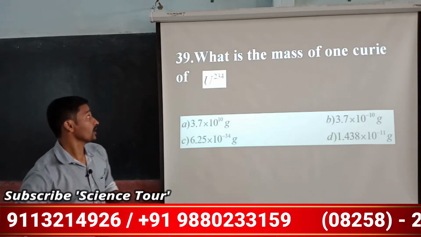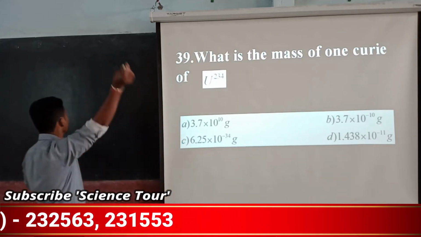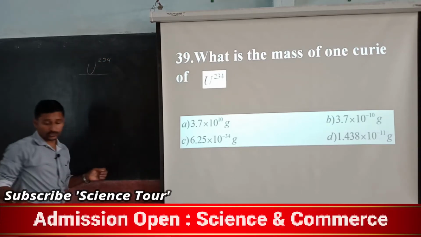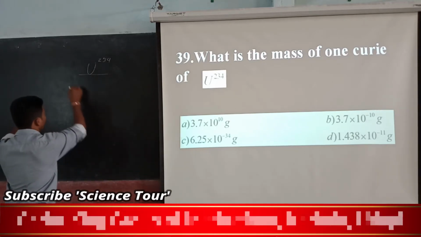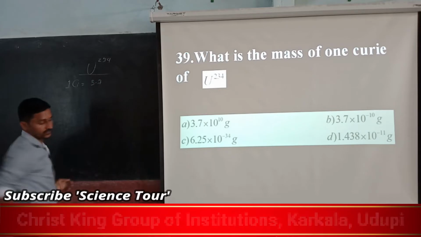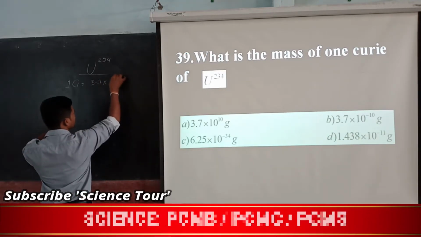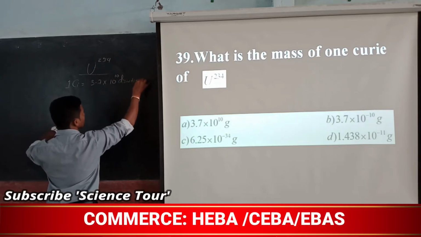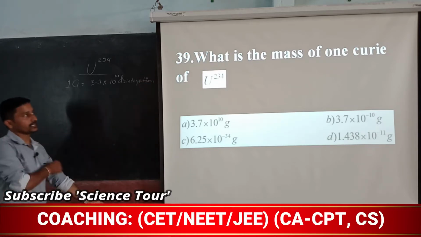It says: what is the mass of 1 curie of uranium-234? What do you mean by 1 curie? 1 curie means 3.7 into 10 to the power 10 disintegrations per second.